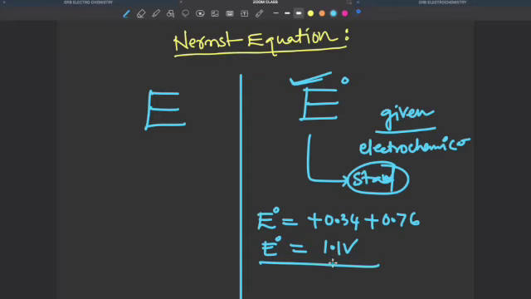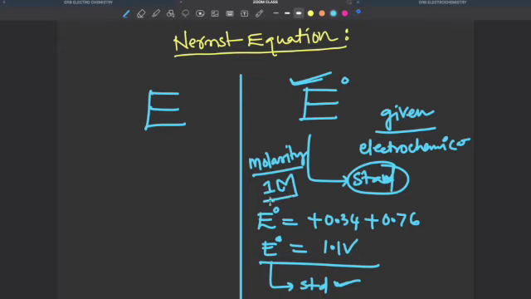This E naught cell is said to be standard. To mention standard, we use this superscript naught. So these are the standard conditions. In standard conditions, the molarity of any solution is unity.